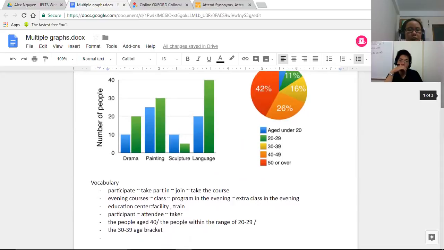In the first place, I would move the idea of sculpture to the end, because I would describe the classes where the number of women were higher first. I would describe language, drama, and painting first. Then I talk about sculpture. Do you think that is easier to link the ideas?